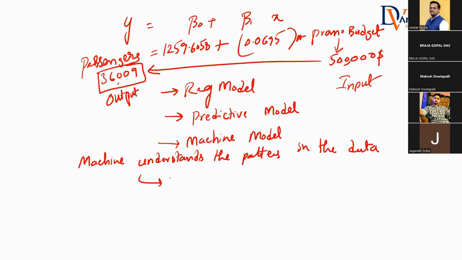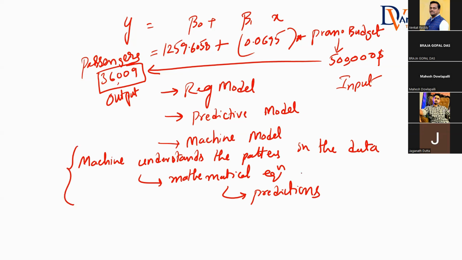It creates a mathematical equation out of those patterns. We can use that mathematical equation to make the predictions. Machine understanding the patterns in the data, creating a mathematical equation, and using that equation, we can make predictions. This process is known as machine learning.